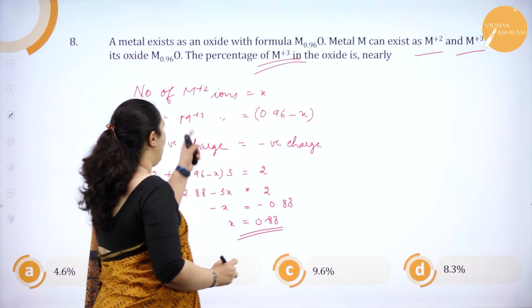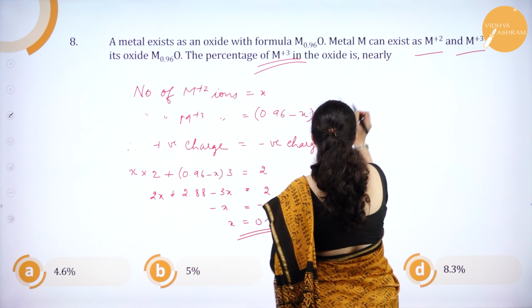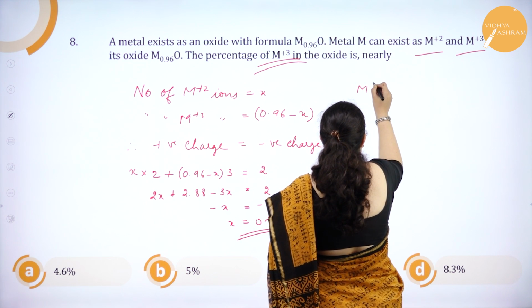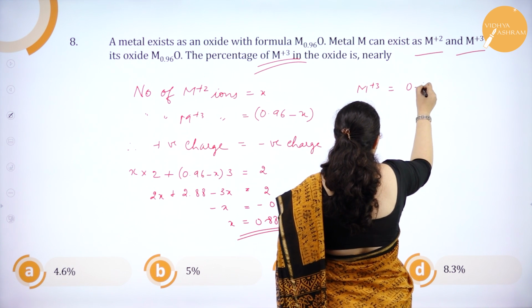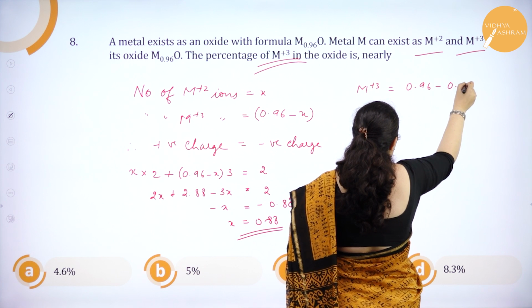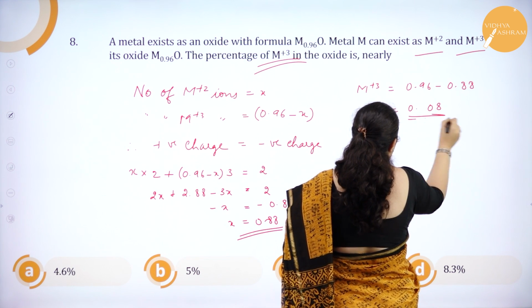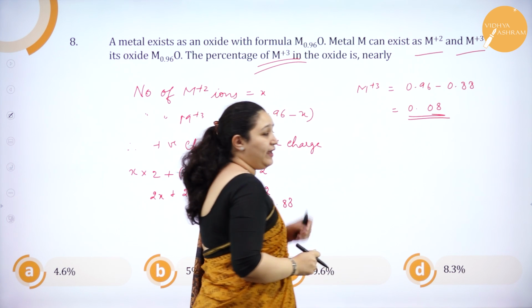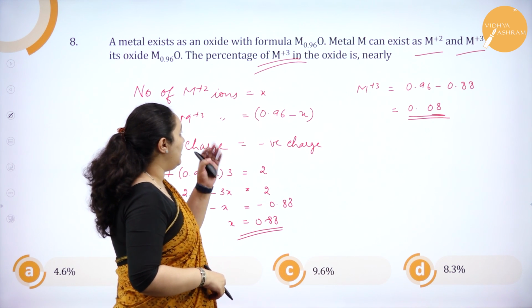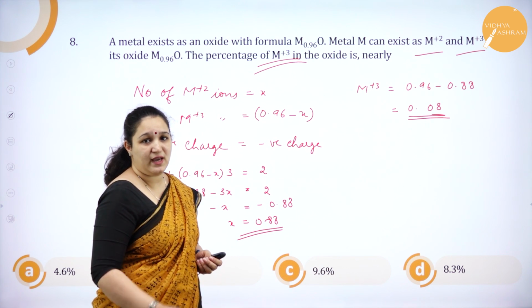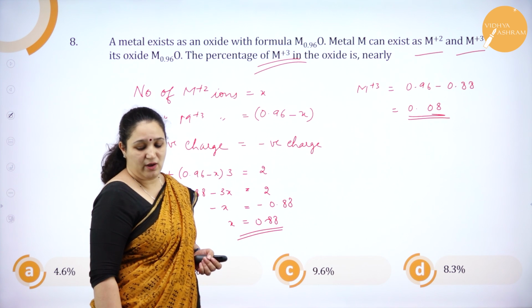Now I know x, I can find out the number of M+3 ions. So M+3 ions is equal to 0.96 minus 0.88, that is nothing but 0.08. Now here I cannot stop. They are asking us to find out the percentage of M+3 ions.